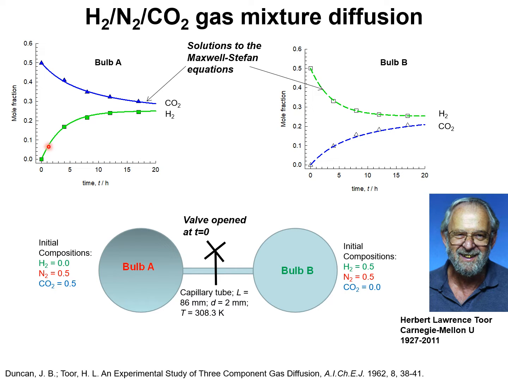The equilibration trajectories for hydrogen and carbon dioxide in bulb A and bulb B follow the classical exponential increase and decrease that is to be expected as the bulb compositions approach equilibrium.